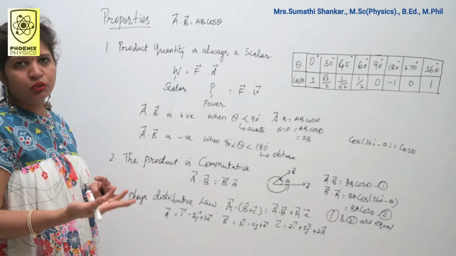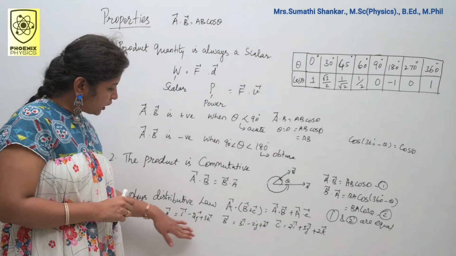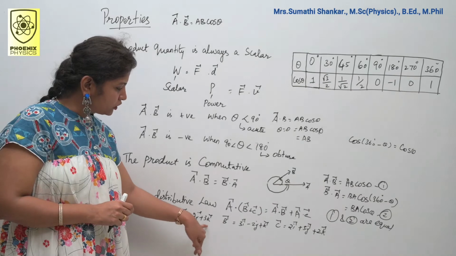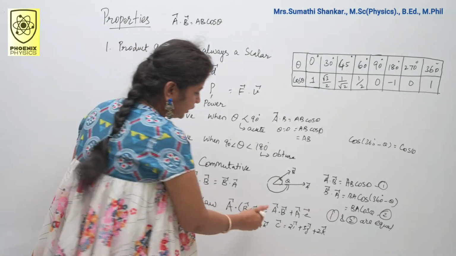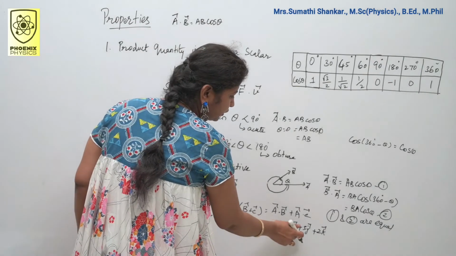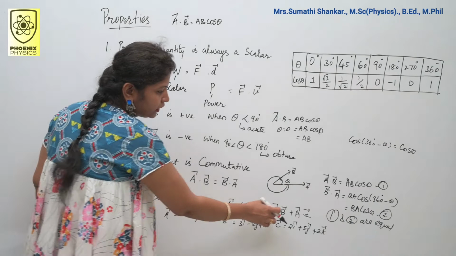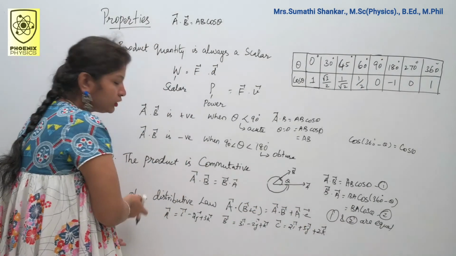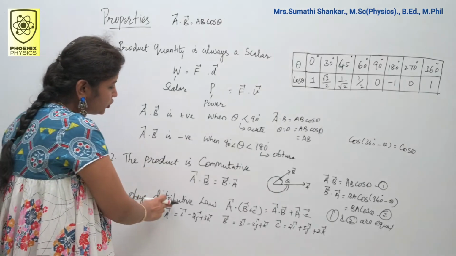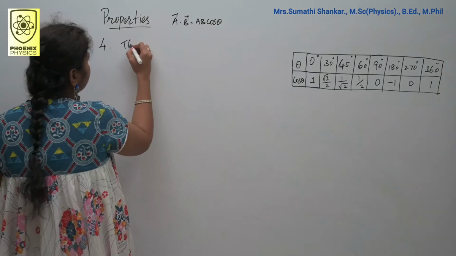Nothing but Cartesian coordinates, that is the i, j, k format. A vector is i minus 2j plus 3k. B is 3i minus 2j plus k. C is 2i plus 3j plus 2k. First you do B plus C, then A dot B and A dot C, and verify it. This product quantity obeys the distributive law. Up to this clear?